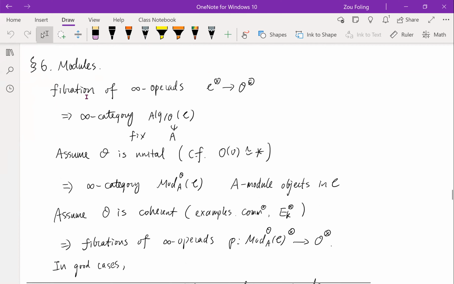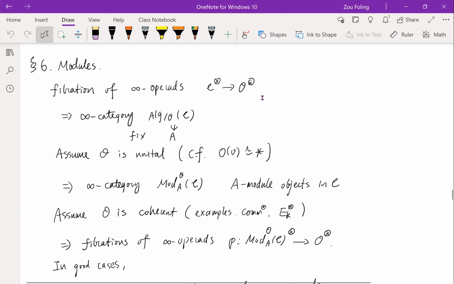So again, we start with a fibration of infinity operads. And if you don't like this notion, you can just think about the special case when this is nerve of fin star. So you have just one infinity operad C tensor over nerve of fin star.